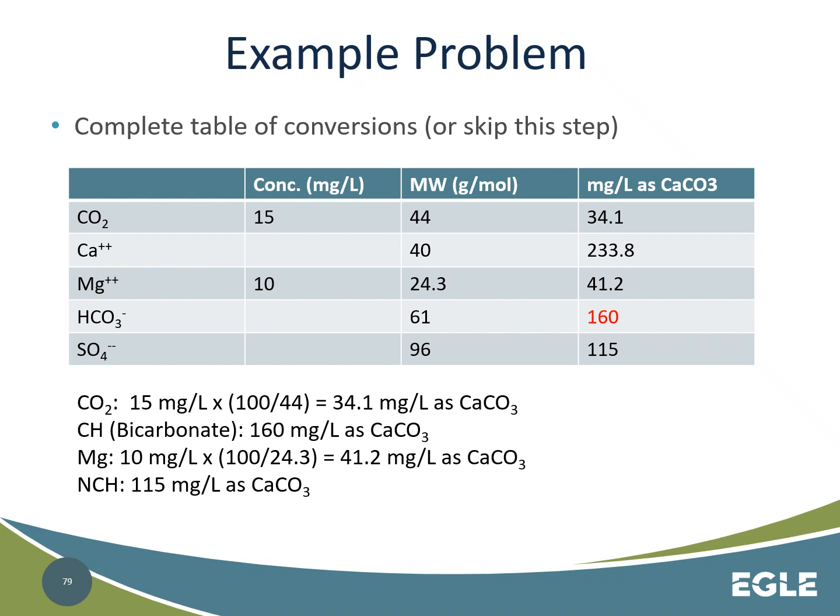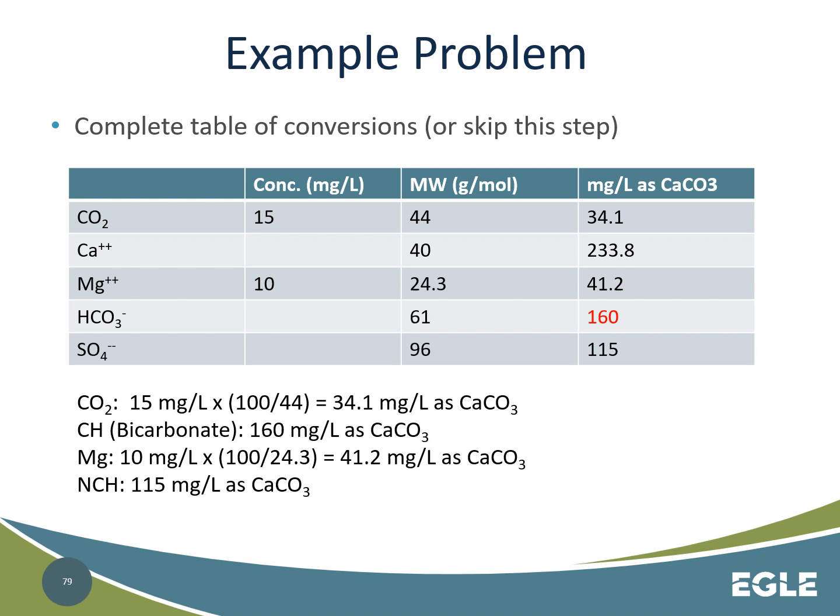We know calcium to be the total hardness minus magnesium, so here that would be 275 milligrams per liter total hardness minus 41.2 milligrams per liter of magnesium, all in the same units of milligrams per liter as calcium carbonate. Doing this math gives a calcium concentration of 233.8 milligrams per liter as calcium carbonate.